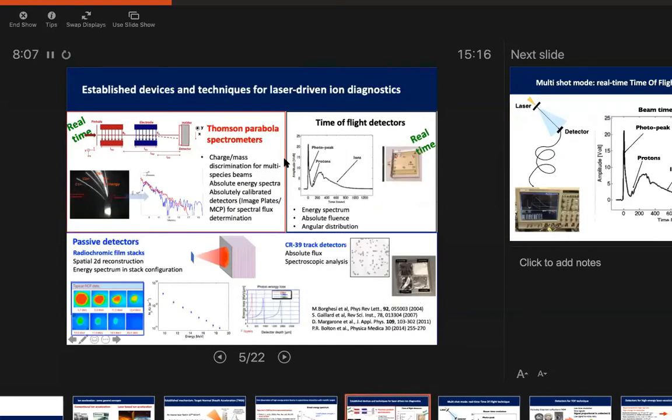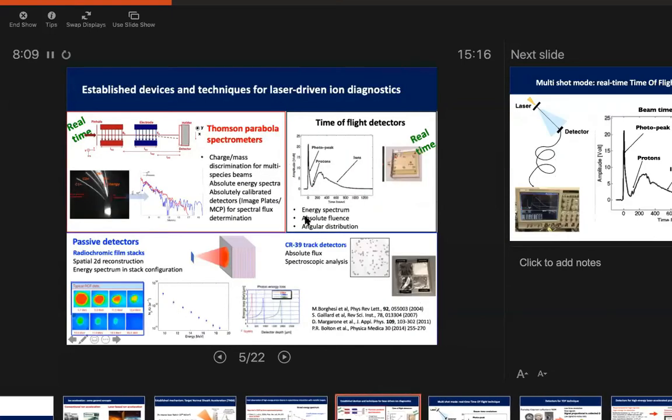So in this slide, I just reported what are the established techniques used in laser-driven experiments. And the first one is the Thomson Parabola spectrometer. Just giving an overview, it is composed of a magnetic field and an electric field.